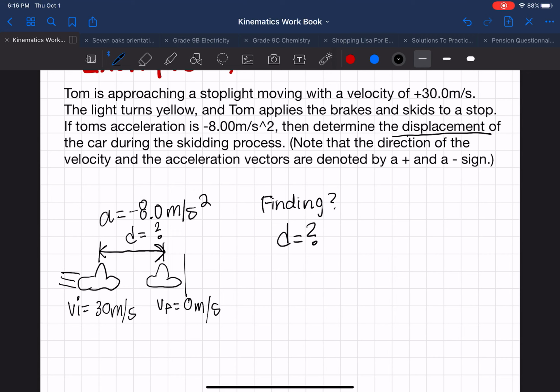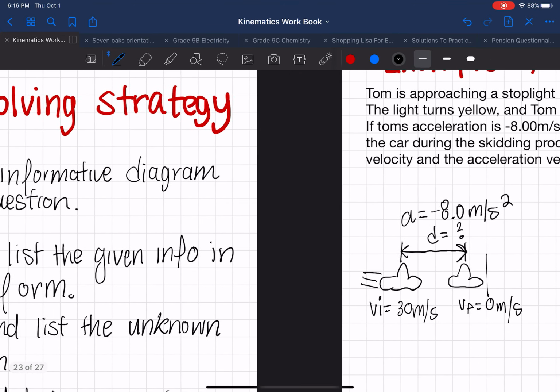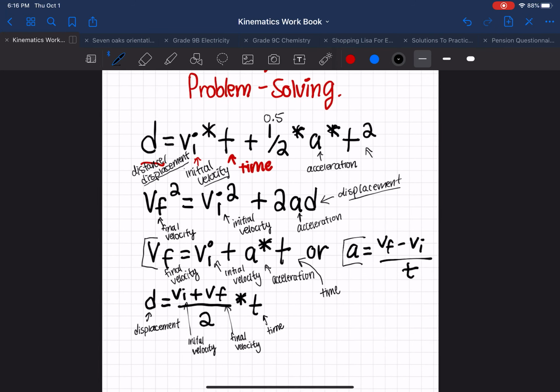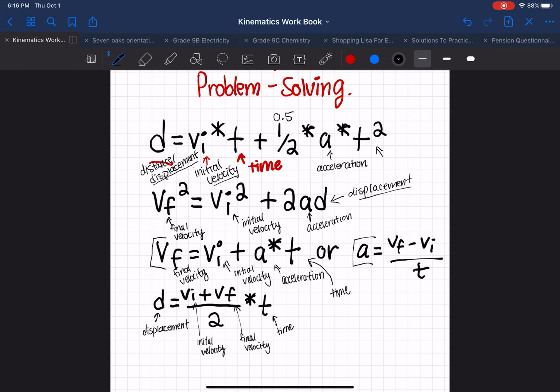So the next step that we're going to do is identify that kinematic equation that will allow you to determine the unknown quantity. So there are 4 equations to choose from, and we know that we have one unknown variable, which is D, and we do have variables A, VI, and VF. So let's go back to our equations and see which one is better suited for that question. So we know we cannot use an equation with time because we did not get time.